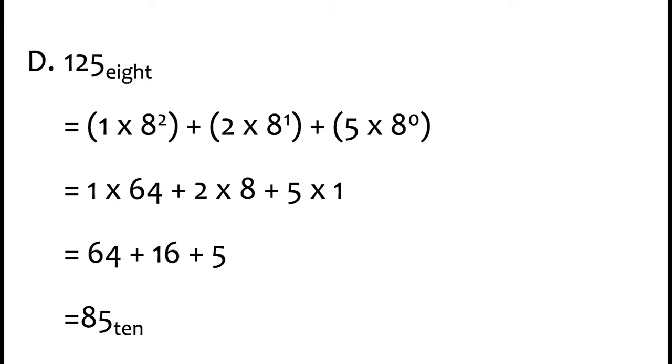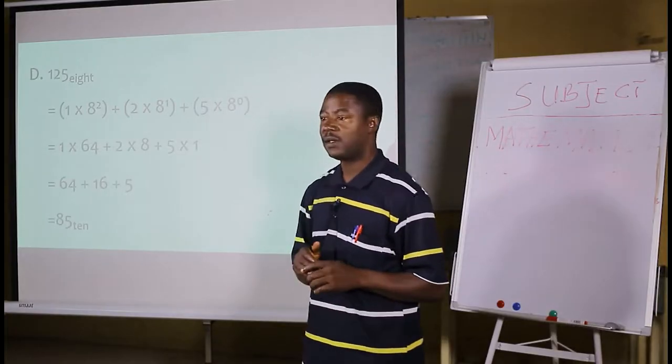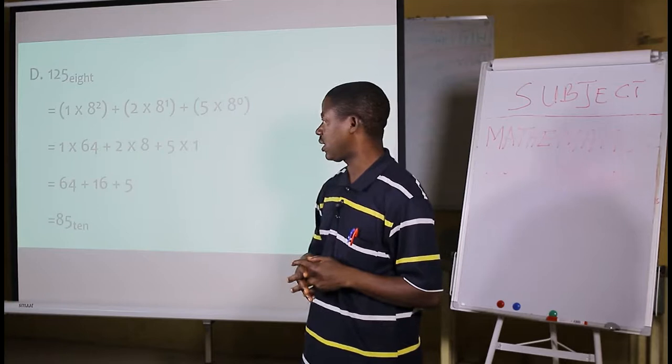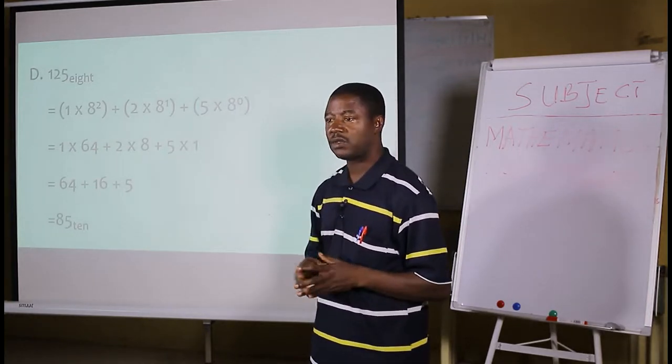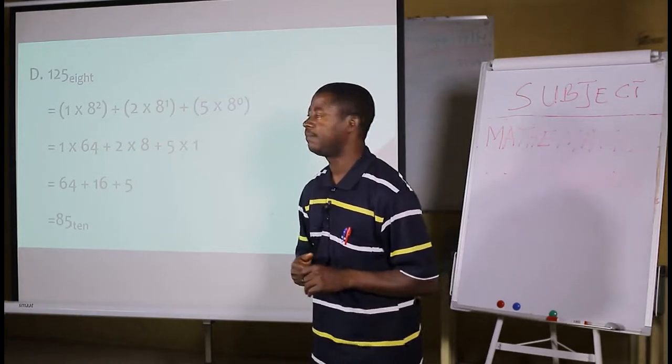Multiplying them out, 1 times 64 is 64, 2 times 8 is 16, 5 times 1 is 5. So when you sum them, 64 plus 16 plus 5, you get 85 base 10. 125 in base 8 will be equivalent to 85 in base 10.